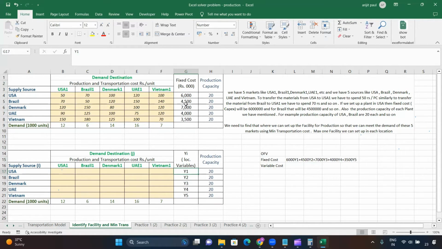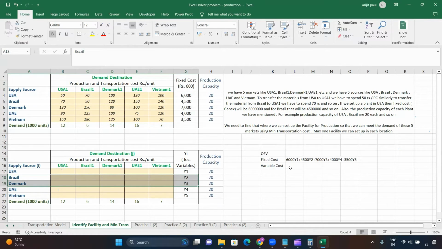We have to spend around 4.5 million if we set up the facility or plant at Brazil, that is Y2. So that is why I have mentioned it this way: 6 million Y1 plus 4.5 million Y2 plus 7,000 Y3 plus 4,000 Y4 plus 1,500 Y5. So this becomes our fixed cost mathematical model.